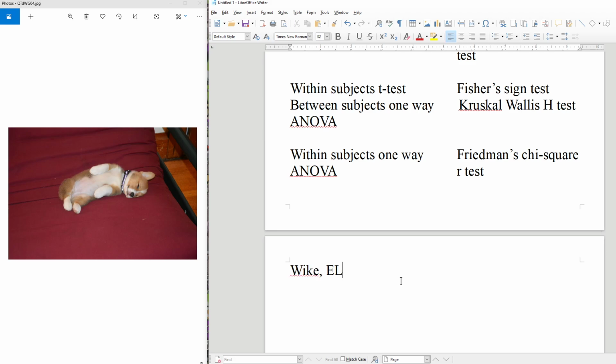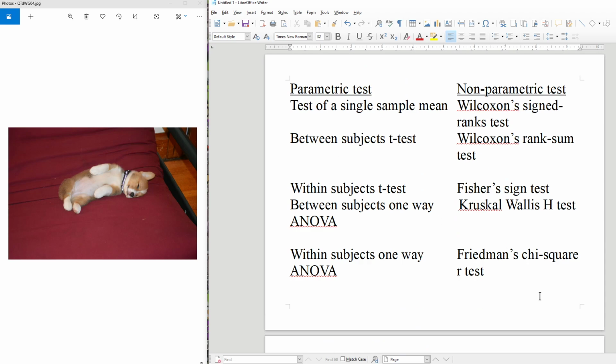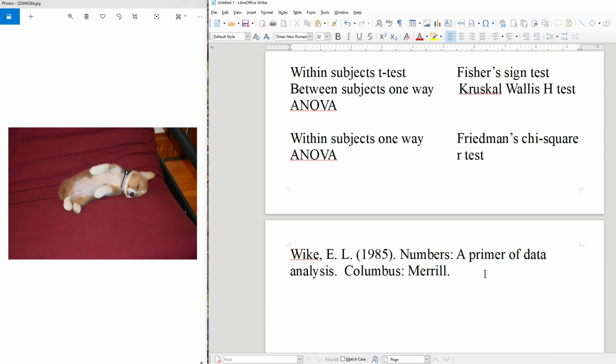So this is Marascuilo, 1985, Nonparametric Statistics, a primer of data analysis. That's published in Columbus by Merrill. And that's a really good book that shows you how to do all of these tests up here if you need to do one. But I'm betting you won't.